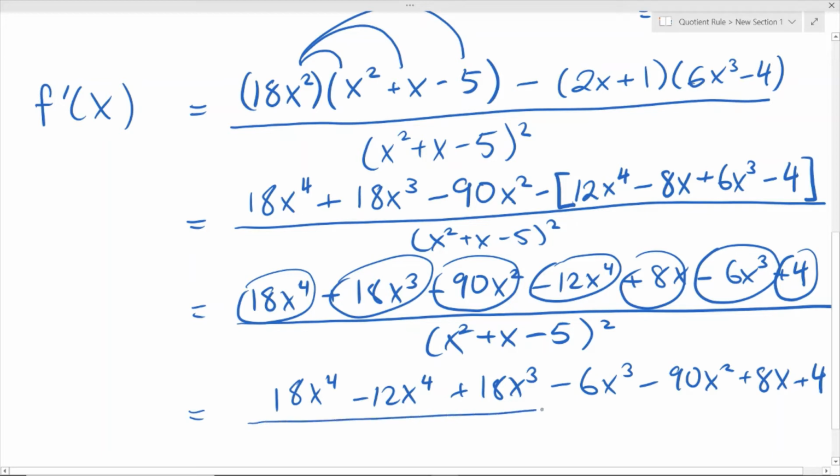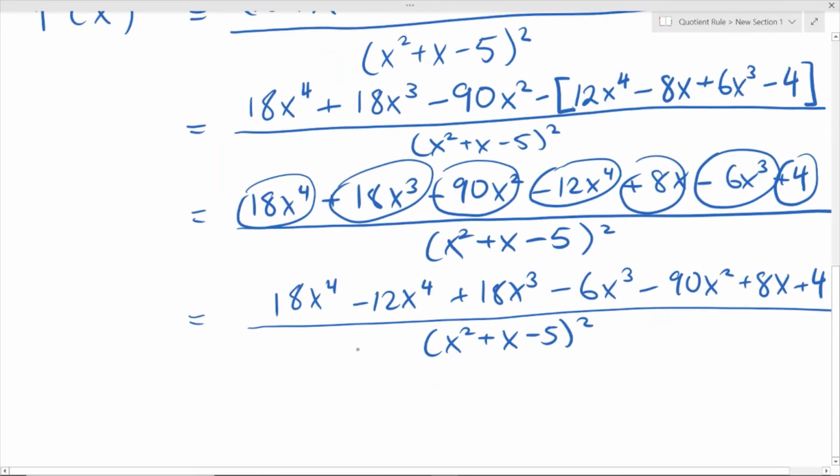This is all over x squared plus x minus 5 squared. And here you can add these like terms together. So 18 minus 12 is going to be 6x to the exponent of 4. 18x cubed minus 6x cubed is going to give positive 12x cubed.